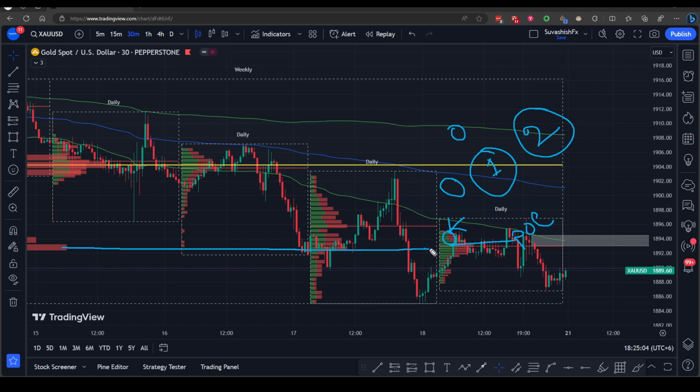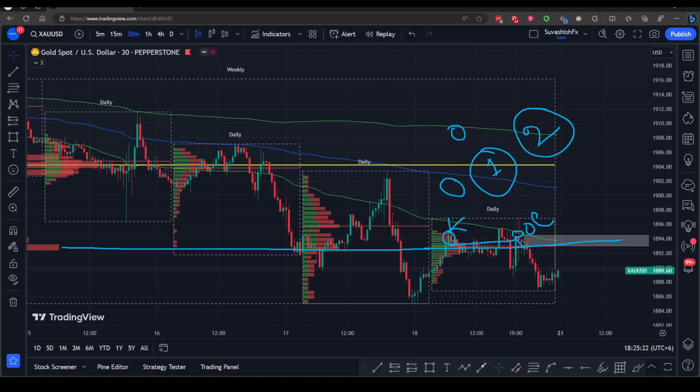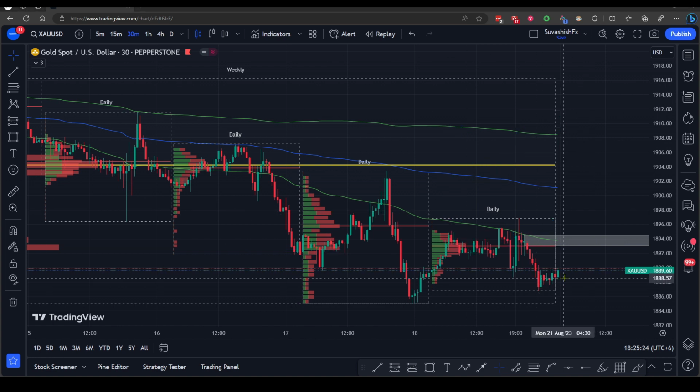That's the weekly zone where we can see another confirmation, right? There's another confirmation. So I met these three conditions for selling this position. So when the market reaches the level, I will go for 1:2 risk reward.